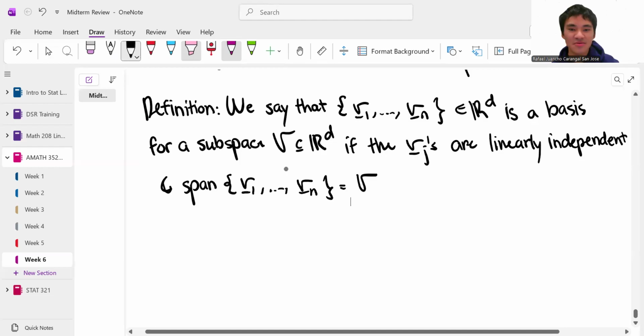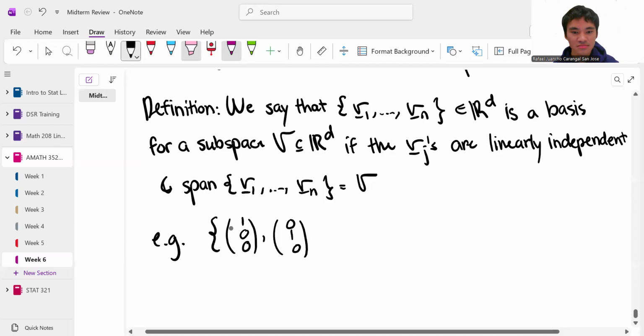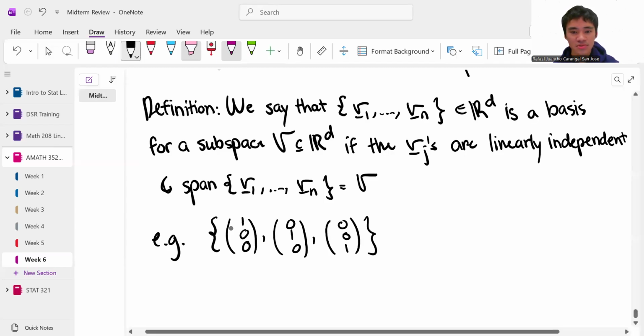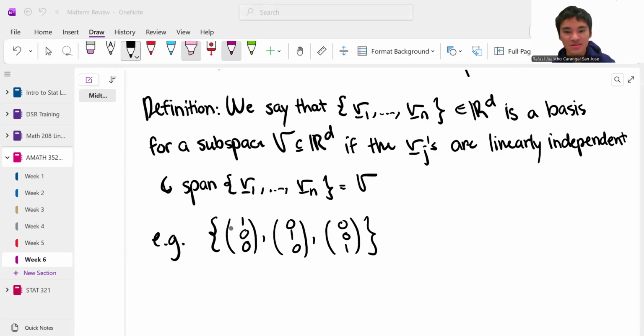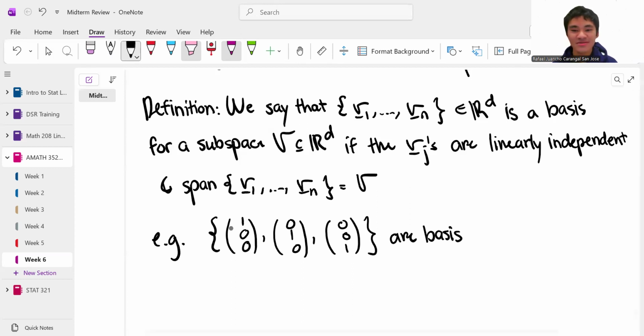So let's actually give an example to concretize what we just said. Let's say we have this set, and I think this one's an easy one. Say we have that set of 3 vectors. What do we notice? These are the standard basis vectors.